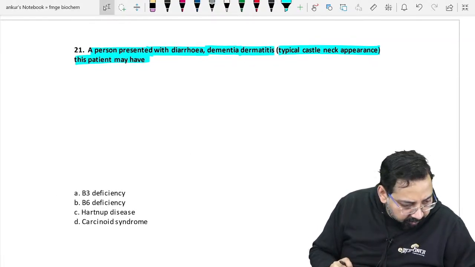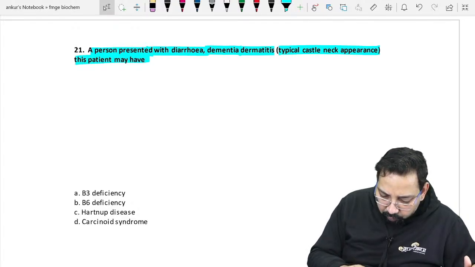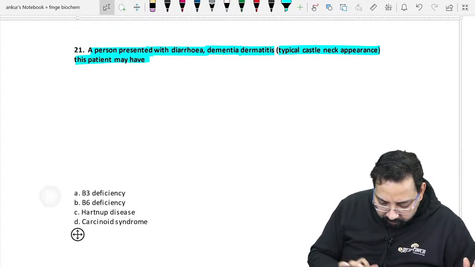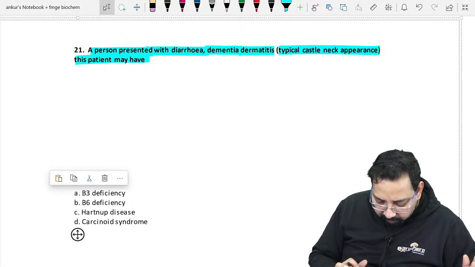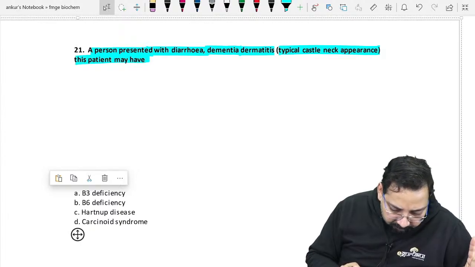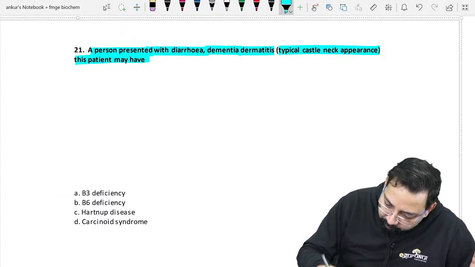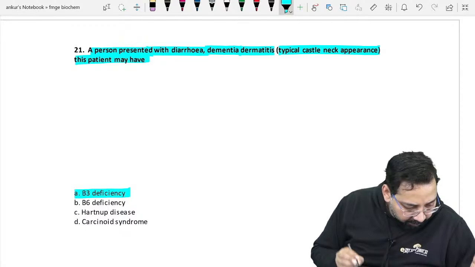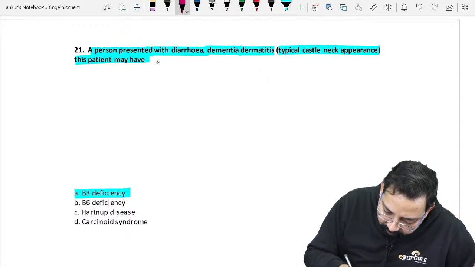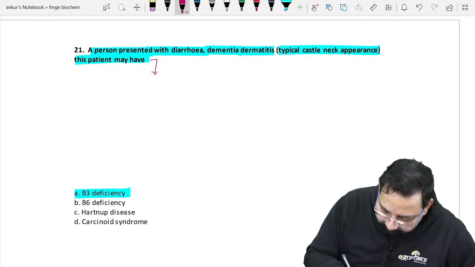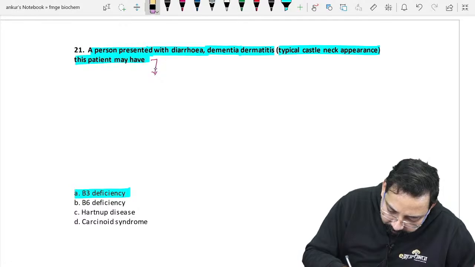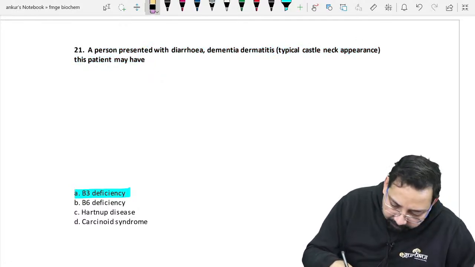If this question is asked, what is the answer? Please do reply. Out of these four given, choose one. Yes, A. You marked answer A. Very good, you are giving the correct answer.